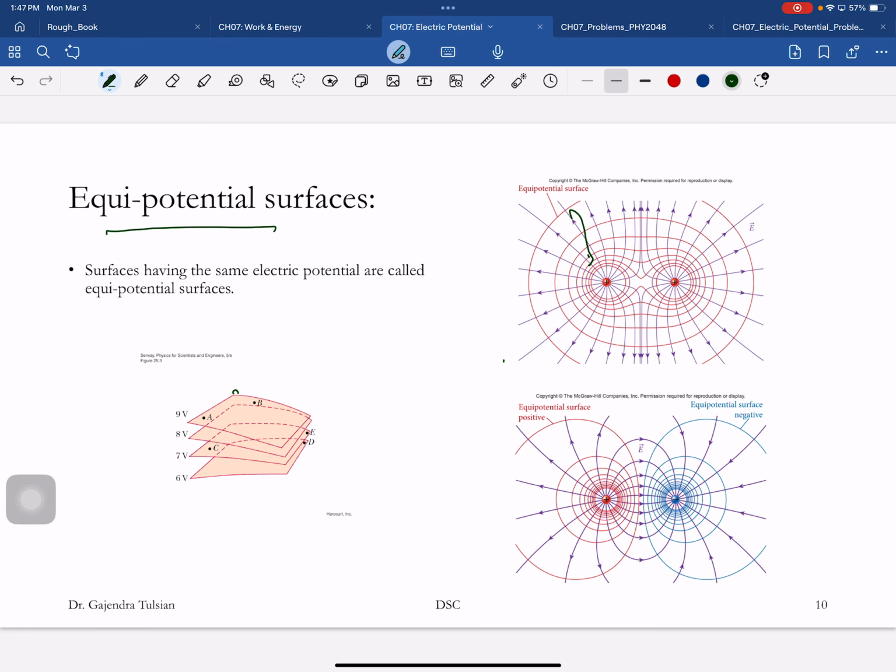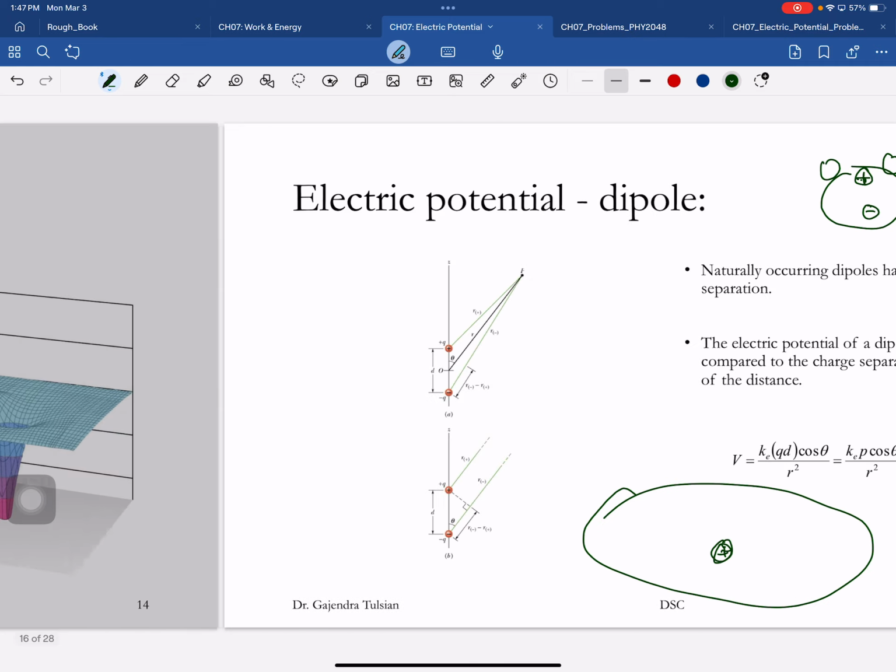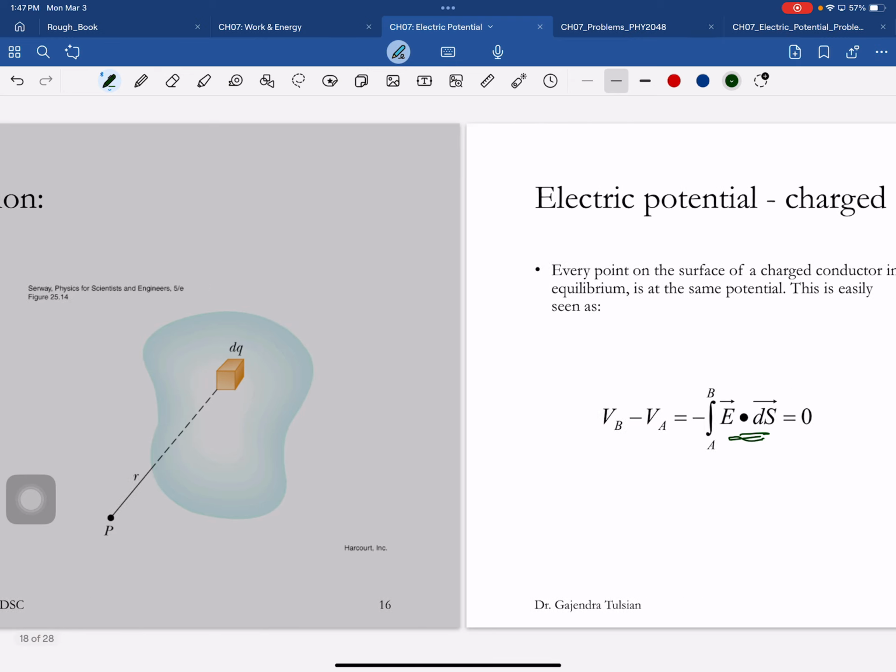So here's an equipotential surface, and potential is increasing in that direction. This is the direction in which the gradient is pointing, and the electric field is pointing in the opposite direction. So that's important.